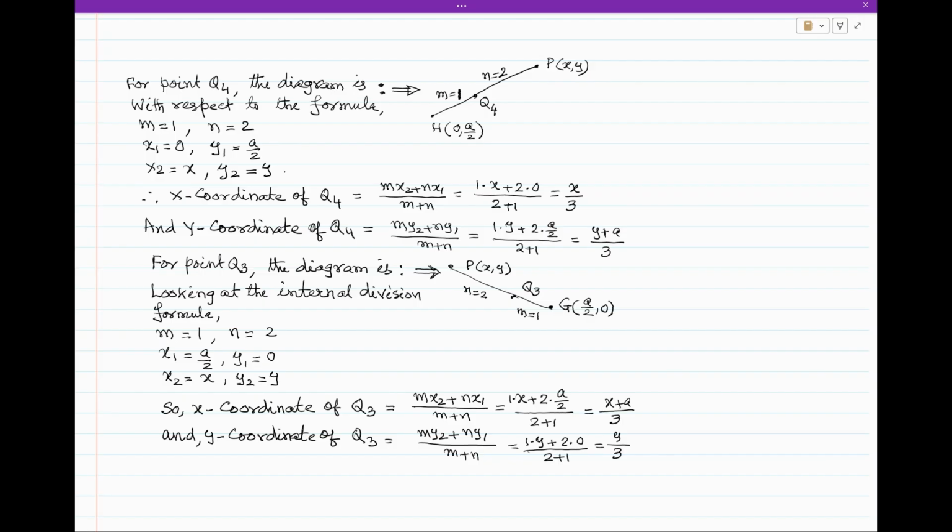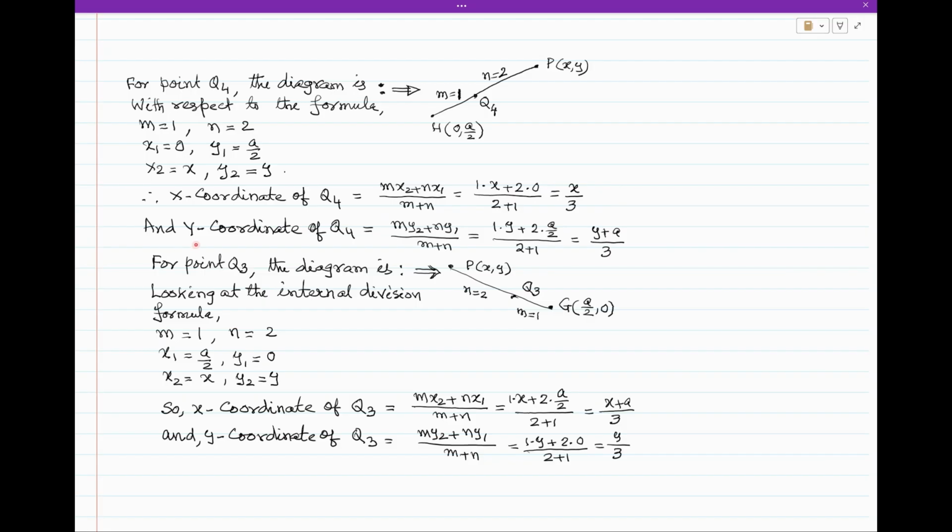Putting these values, the x coordinate of Q4 is (1 times x plus 2 times 0) divided by (2 plus 1), which is equal to x by 3.